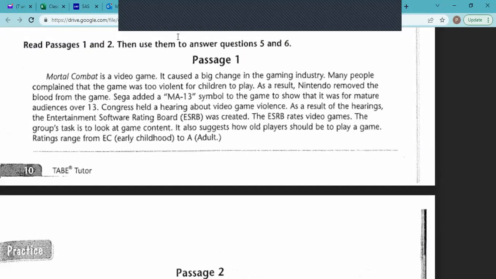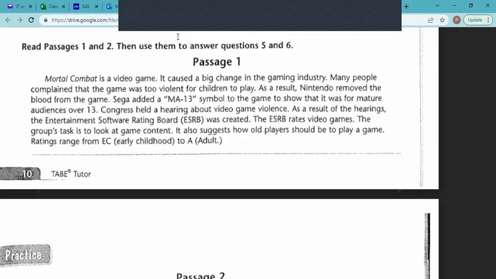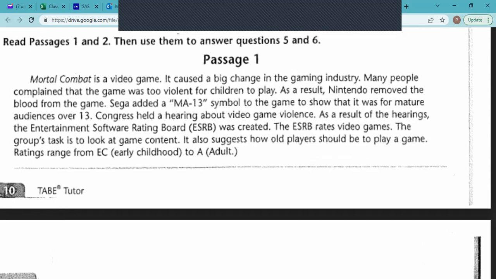Okay. Mortal Kombat is a video game. It caused a big change in the gaming industry. Many people complained that the game was too violent for children to play. As a result, Nintendo removed the blood from the game.